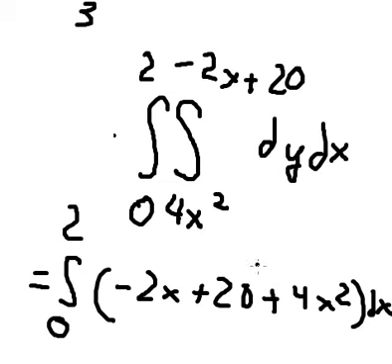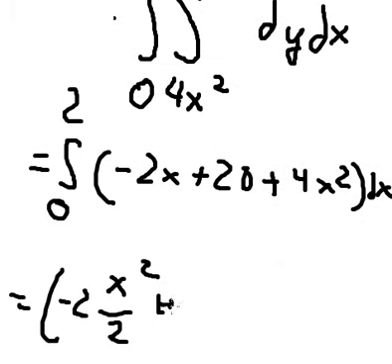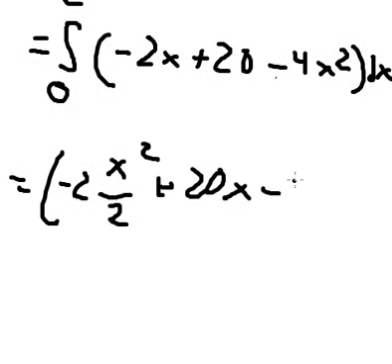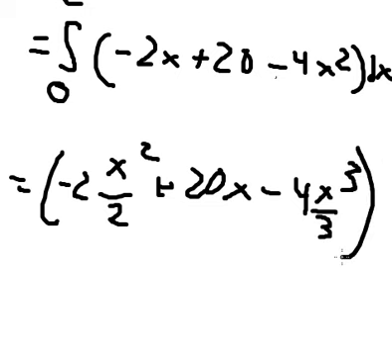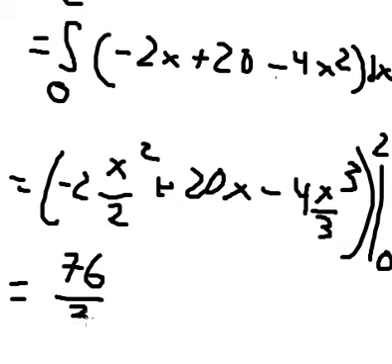This one we have 20x. This is negative, not positive, because we need to minus the bottom. So the next one is x to the power of 3 over 3. And we put the bounds from 0 to 2. So I will put 2 in here, 0 in here. And we have the final answer. So we have 76 over 3.